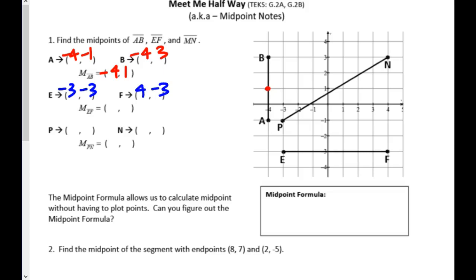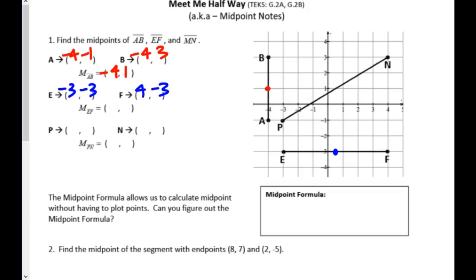Now, real quick, how many units long is EF? 7, correct. Now, half of 7 is what? 3.5, okay? There is no whole number middle. So guess what? Our midpoint is not going to be on the grid perfectly, okay? So again, half of 7, I'm going to count from E over 1, 2, 3, and a half.